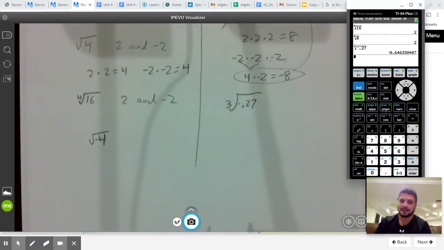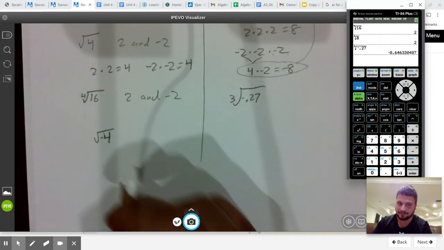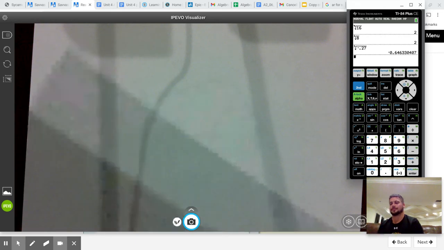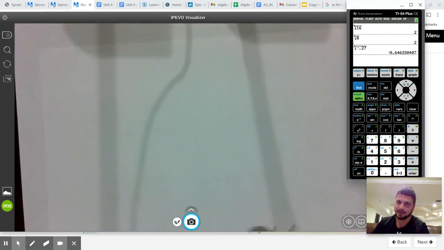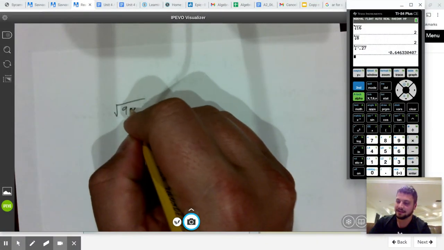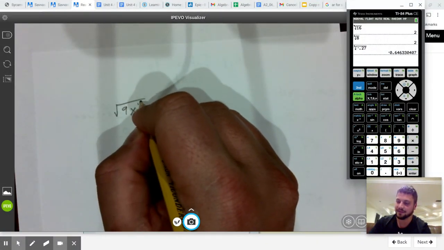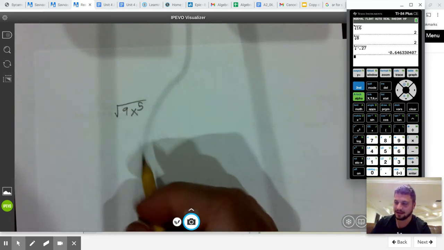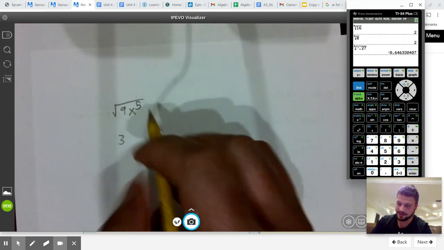Next. Remember how we take the square root or cube root or fourth root or anything of variables. Let's say that I wanted to have the square root of 9x to the 5th. Well, the square root of 9, of course, is 3.